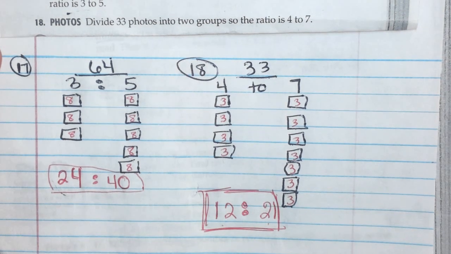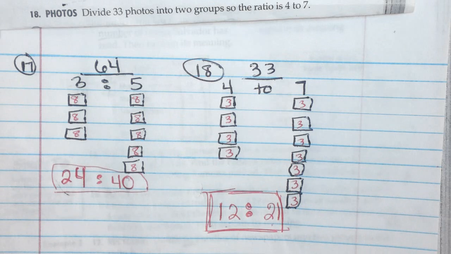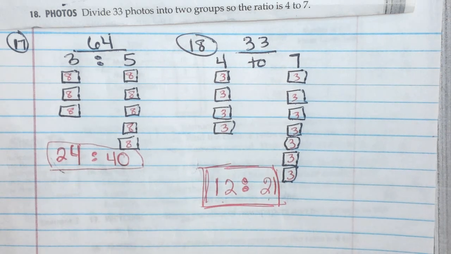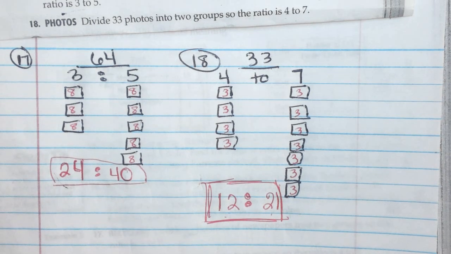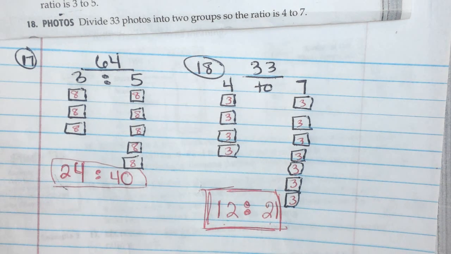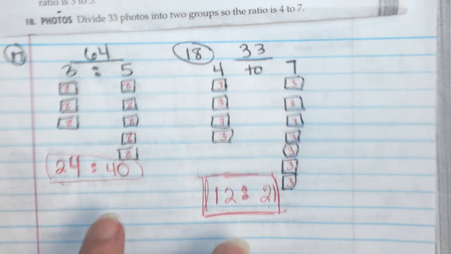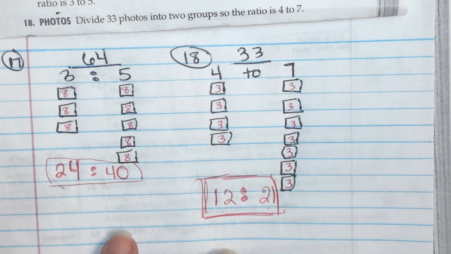It's a hard concept. I mean, it's weird. I had a girl earlier that was doing this way. Let me think if I can do this. I'll show you tomorrow. I don't want to mess it up. As long as you're getting the answers I'm getting, it's up to you how you do it.